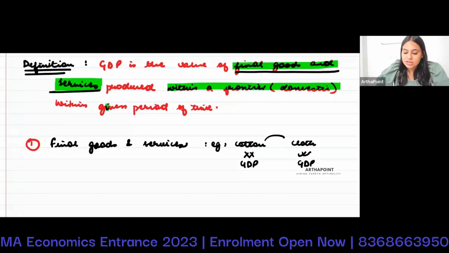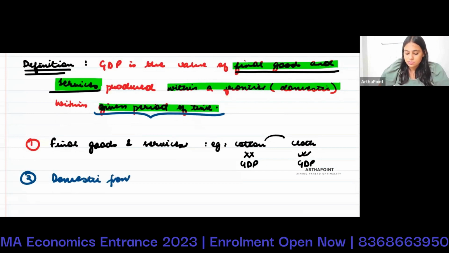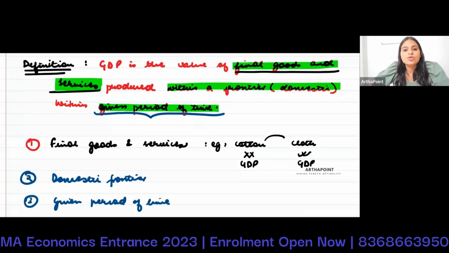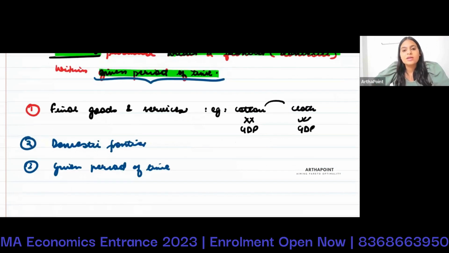And the third thing is in the given period of time. So usually this given period of time is 1 year. So you would have seen that all the national accounting takes place for a particular period of time.